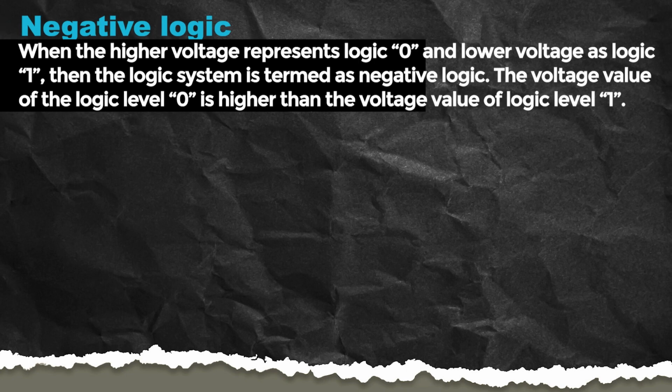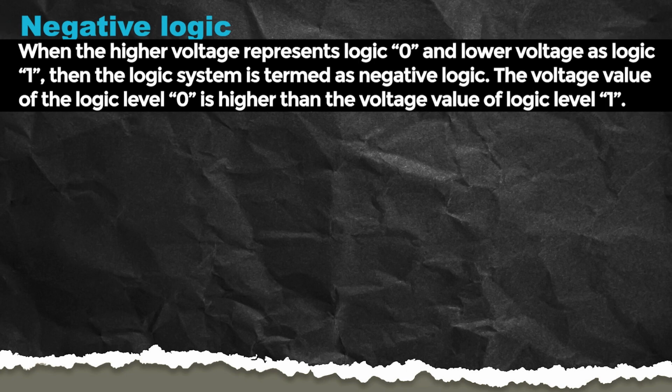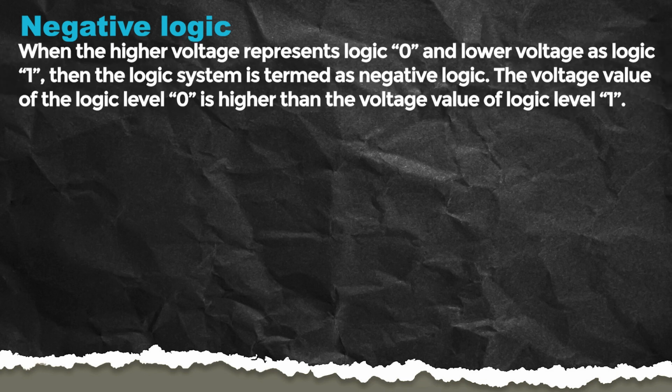Now we come to the negative logic. When the higher voltage represents logic 0, that is logic low, and the lower voltage represents logic 1 or logic high, then the logic system is termed negative logic. The voltage value with logic level 0 is higher than the voltage value of logic 1. You can take an example.